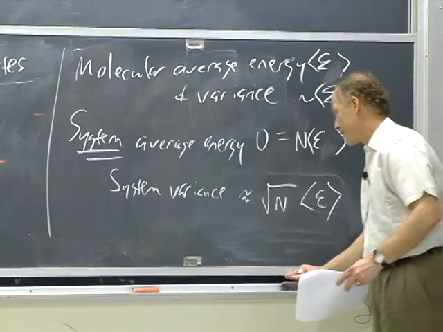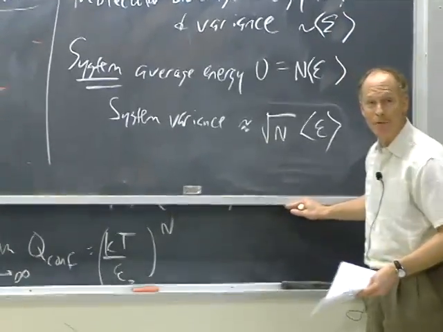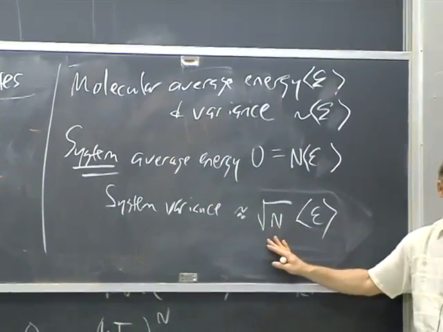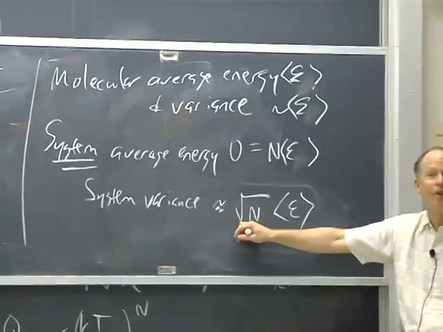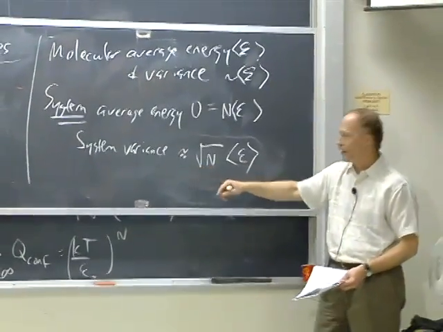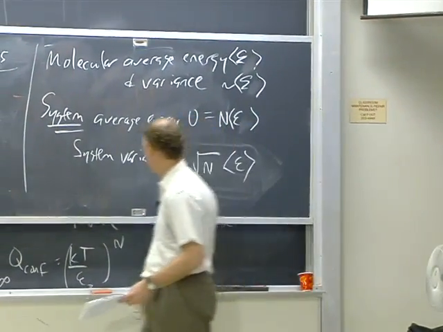So what ends up happening, if you look at the relative variation, you might look at that and say, well, it's pretty big. This is 10 to the 12. Still a huge variance. But let's compare it to the average.